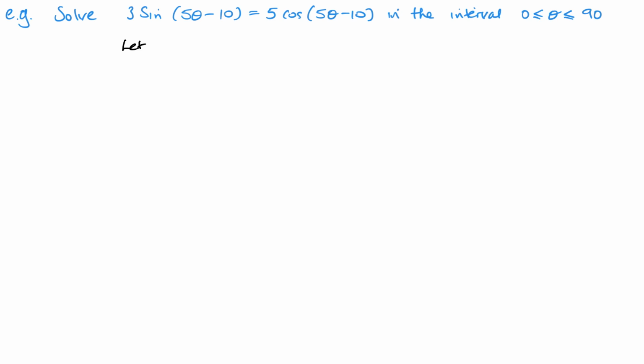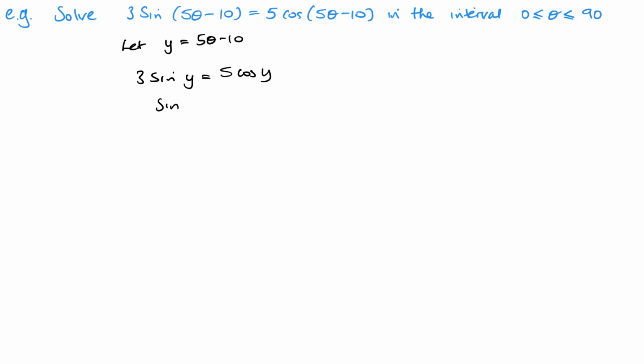So I'm going to go back to x. Rather than x, let's use y. Let y equal 5 theta minus 10. So we've got 3 sine y equals 5 cos y.